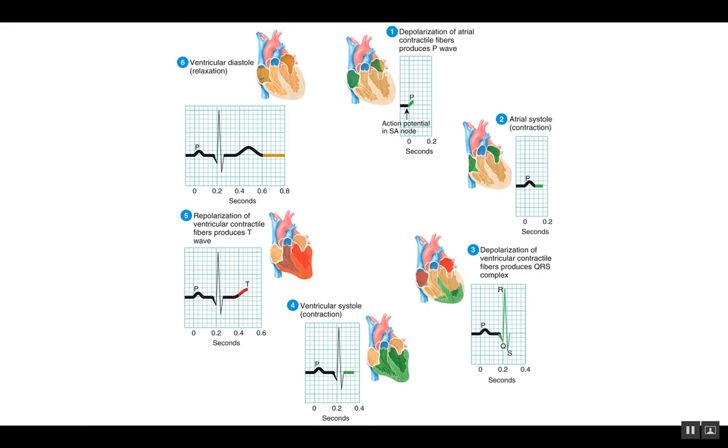Next step is to send those action potentials from the atria to the AV node, down the bundle of His, to the bundle branches, into the Purkinje fibers of the ventricles, and then finally we depolarize the ventricular contractile fibers. That comes up as the QRS on an ECG.